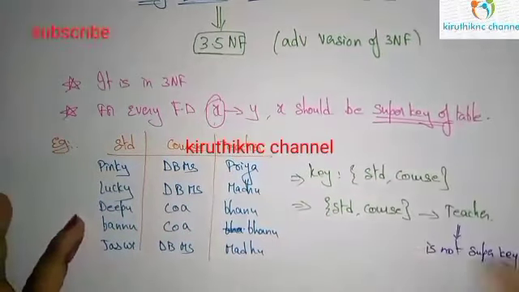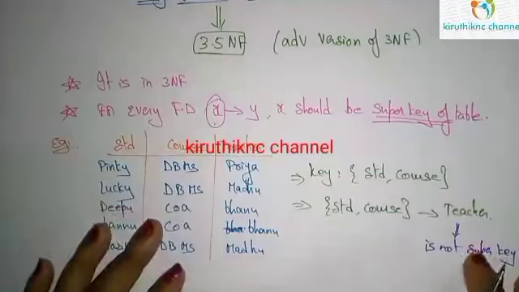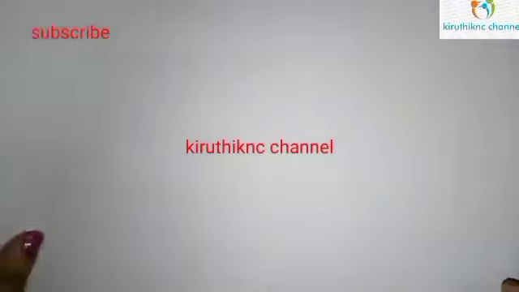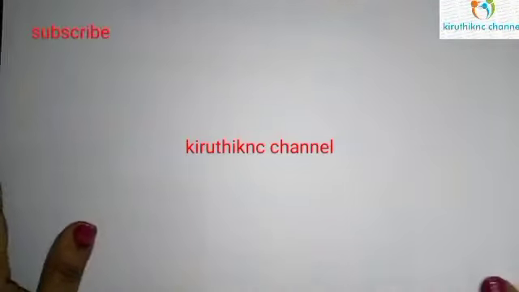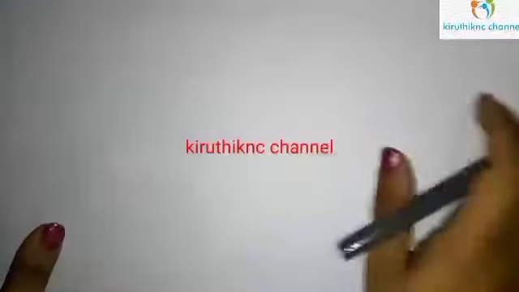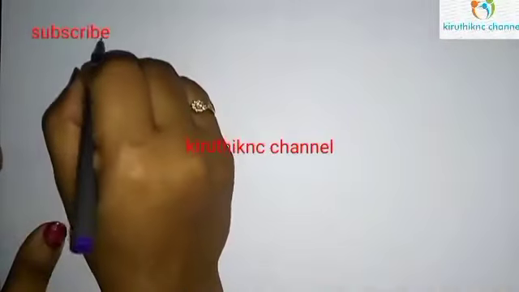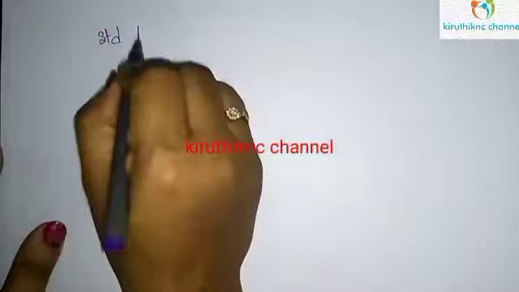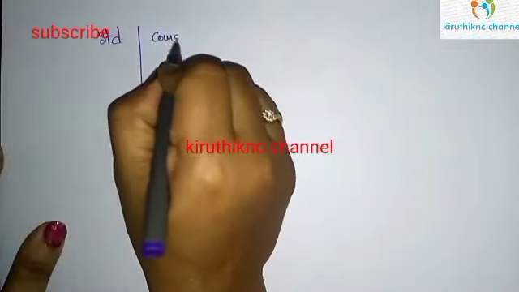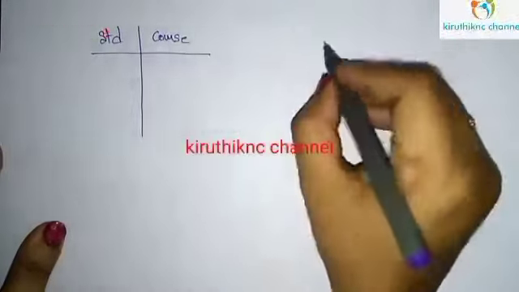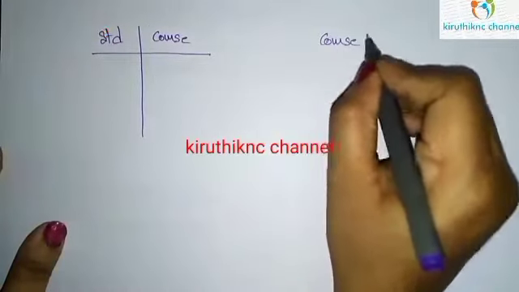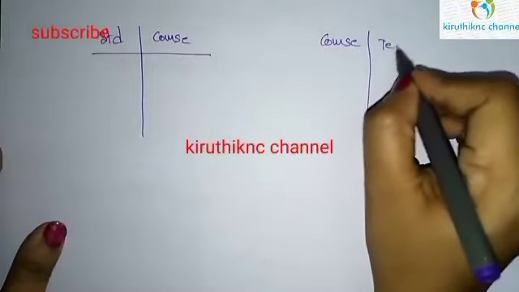So now let's convert this table into BCNF. Let us see what the BCNF tables are after decomposing. Let's divide the table into two tables: student and course is one table, and course and teacher is another table.